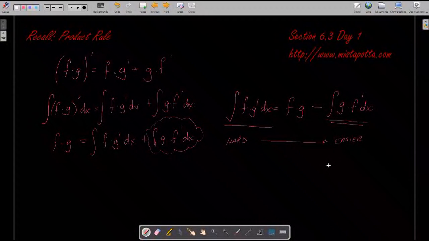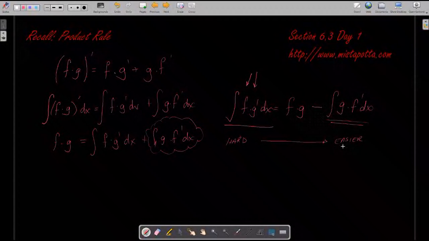This integration by parts is about finding some way to decompose a product of two functions into a function itself and the derivative of some other function that's fairly easy, then writing it as f times g minus another integral, and I'm hoping that this integral will be easier.